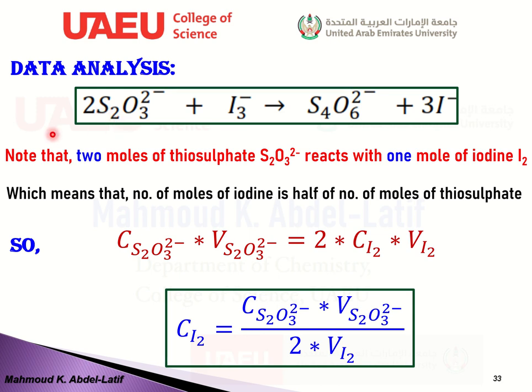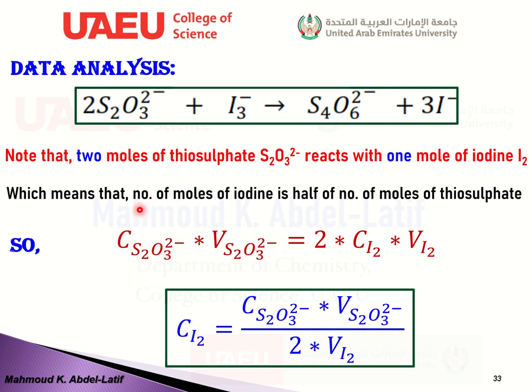Note that 2 moles of thiosulfate react with 1 mole of iodine, which means that the number of moles of iodine is half of the number of moles of thiosulfate, which means you should multiply the number of moles of iodine by 2 because it's half of the thiosulfate.